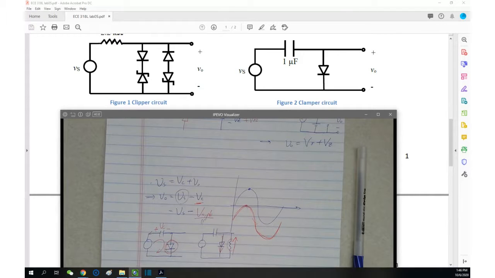Once you involve the diode, transistors, and especially in the future power electronics, okay, everything is nonlinear. Nonlinear. That's why it's not easy. Everything becomes not easy. Okay, it's not linear.